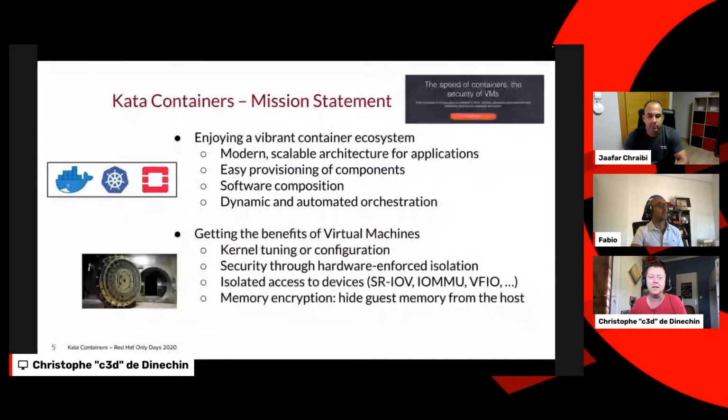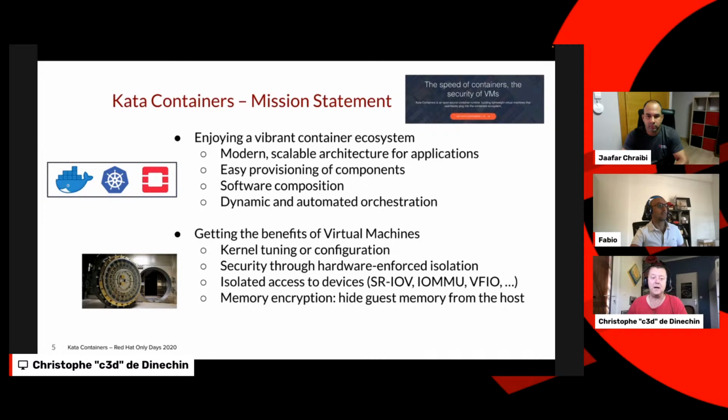Essentially, what I just told you is what is shown on this slide, where we are trying to really benefit from the container ecosystem. That means a new architecture for applications that is scalable, more modern, etc. You can provision components very easily. You can do software composition. You have all the benefits of dynamic and automated orchestration.